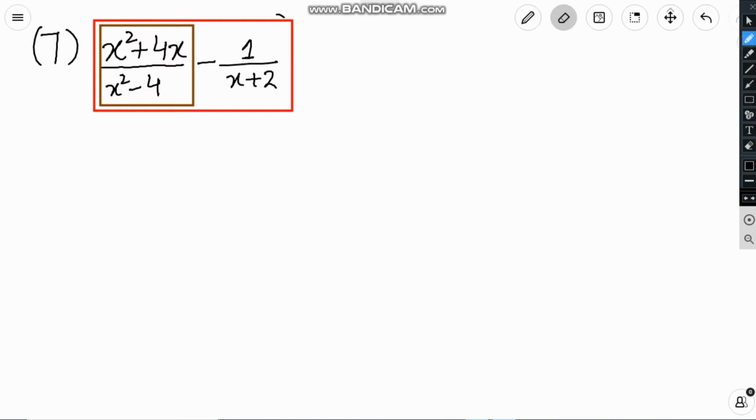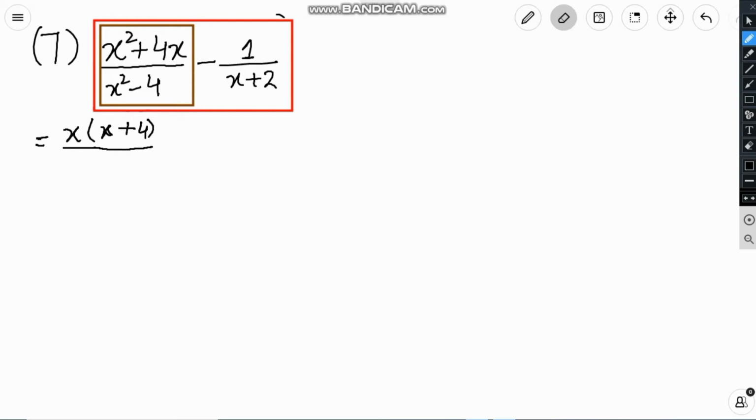As you can see, in the numerator there is x square plus 4x. So you can see we can take x common from these two terms. So our numerator becomes x into x plus 4.